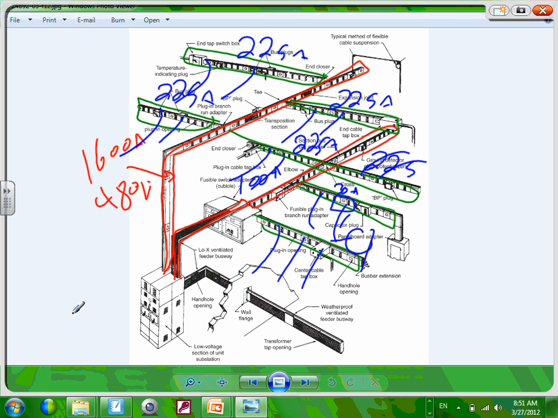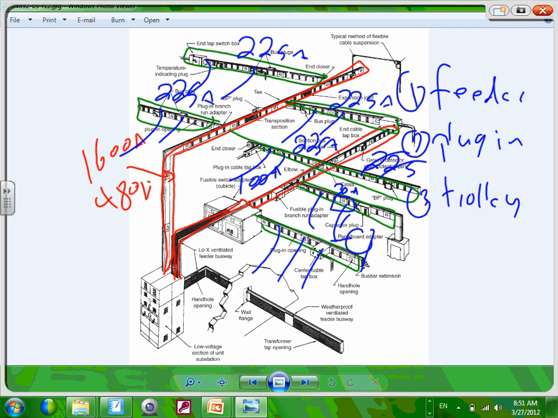Any question, guys, about the 3 types? So we have feeder, plug-in, and trolley busways. What does the feeder do?